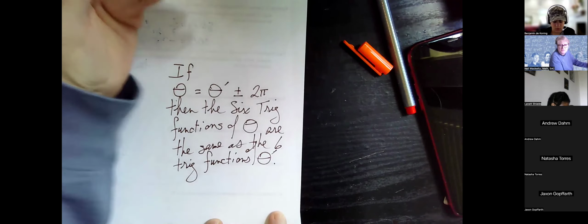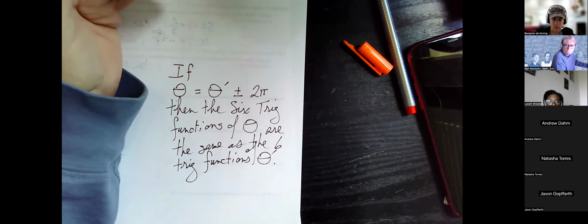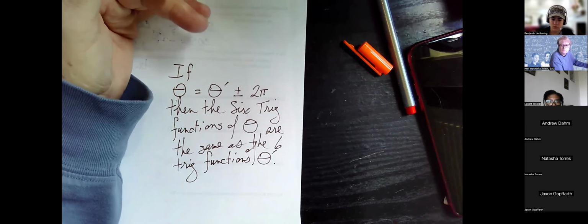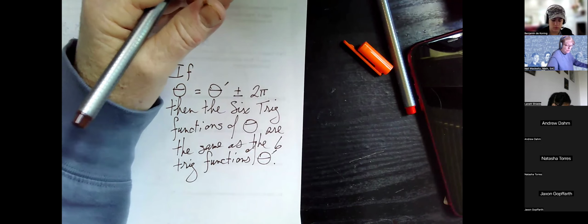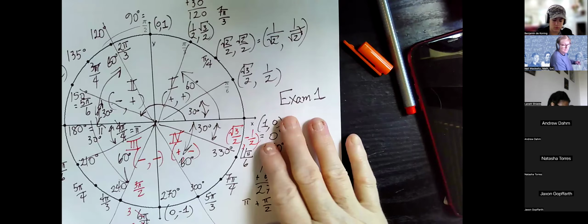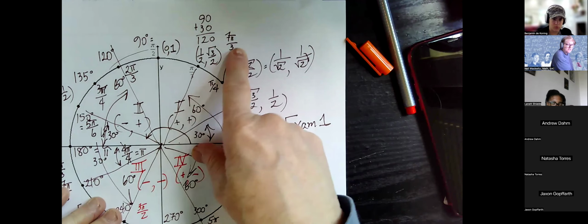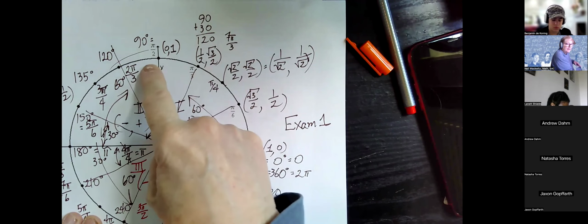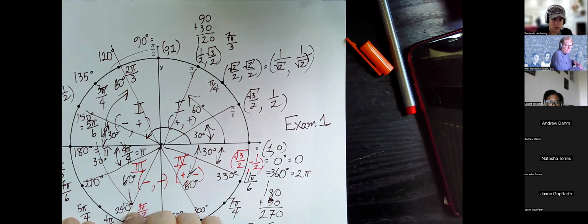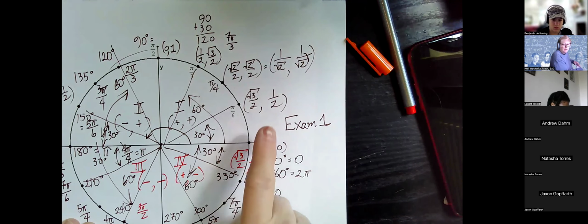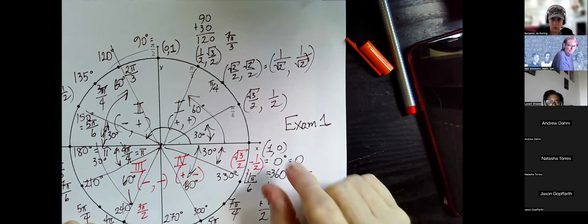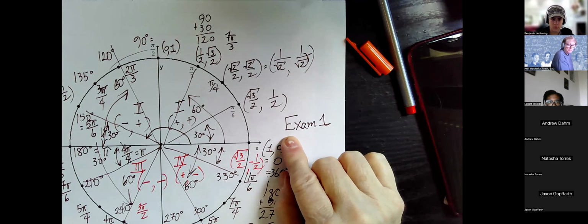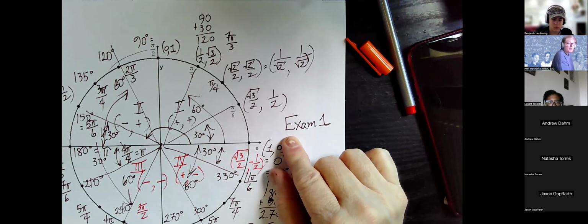Do you think it only works if you add or subtract 2 pi? No. That's right. So we could go, let's see. We've got 7 pi over 3... wait, no. Now I'm confusing myself. 4 pi is the same as 12 pi over 3.